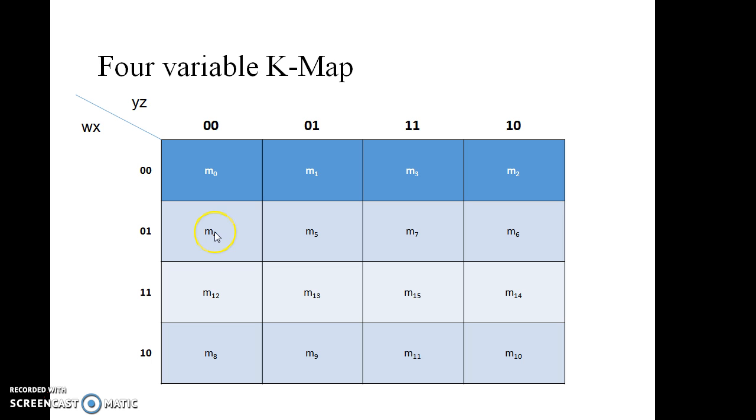The next minterms are m4, m5, and here m6, m7. In the columns also we follow the same procedure. So we write the minterm m8 in the last row, followed by m9, m10, m11, m12, m13, m14 and m15.